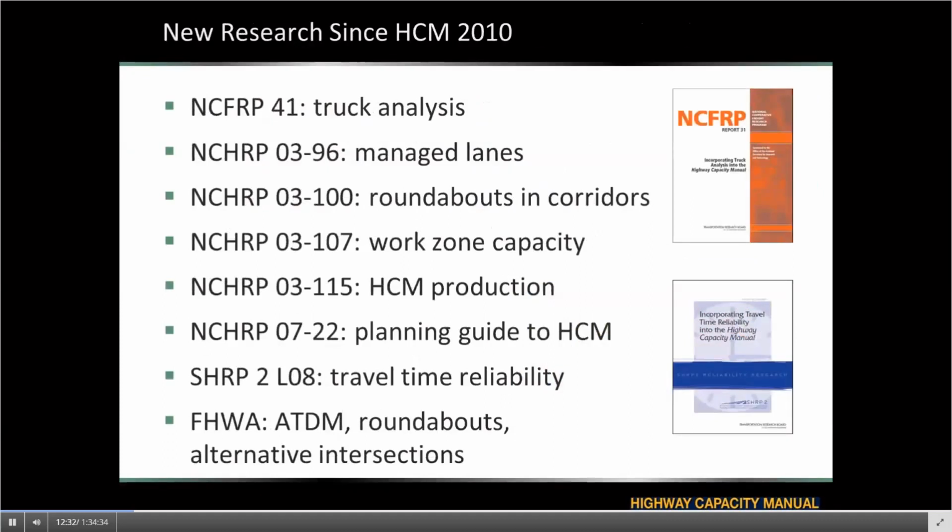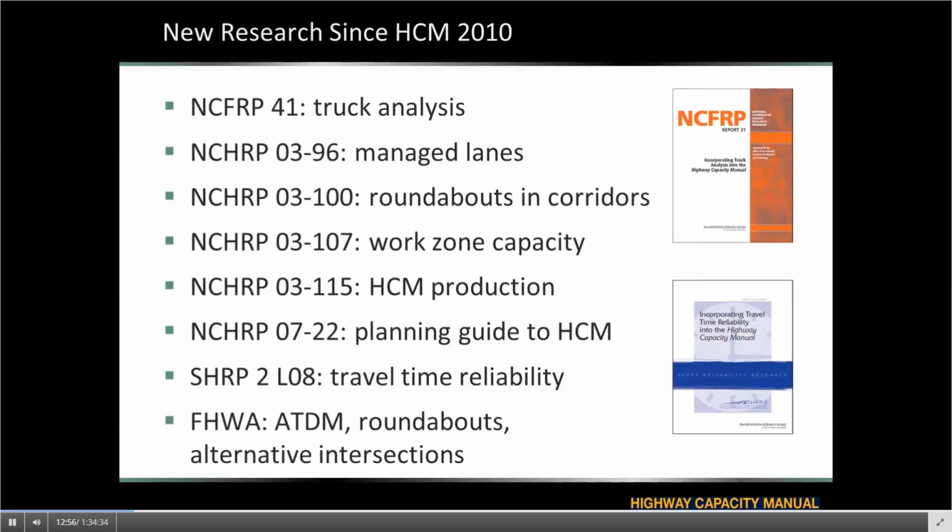Several million dollars in new research has been performed since HCM 2010 was published. Some of these projects introduce new capabilities to the HCM, analyzing managed lane and work zone operations, measuring and predicting travel time reliability, analyzing alternative intersection forms, and evaluating roadways incorporating a series of roundabouts.